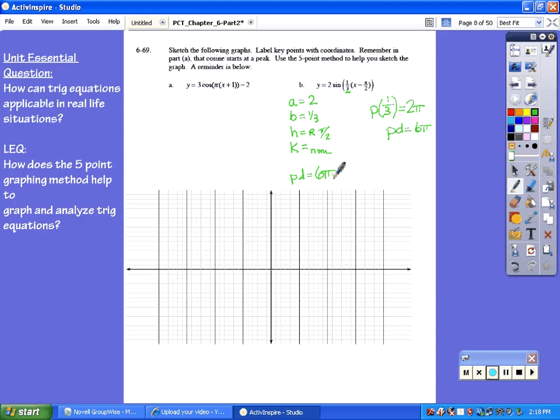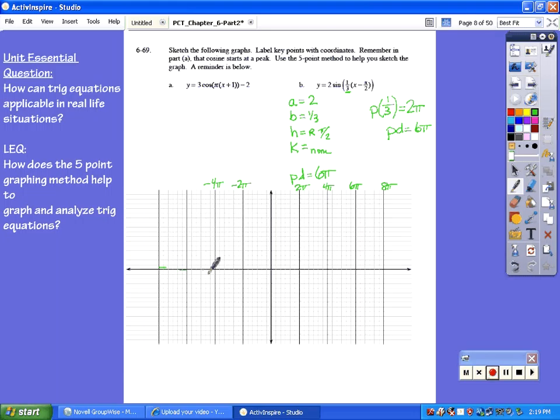So let's say 2 pi, 4 pi, 6 pi, 8 pi, and that should get us there. The opposite direction will be negative 2 pi, negative 4 pi, and so forth.